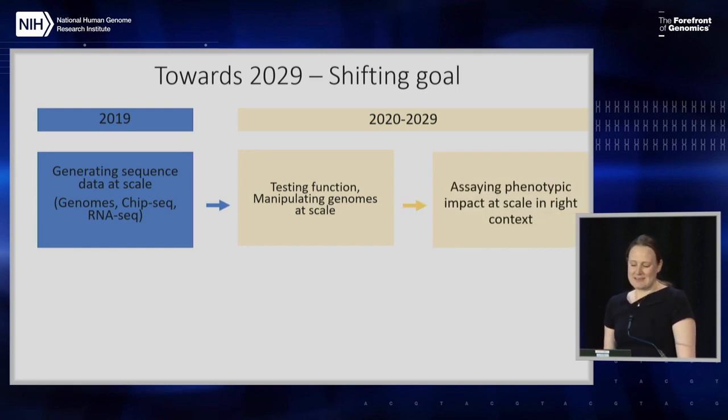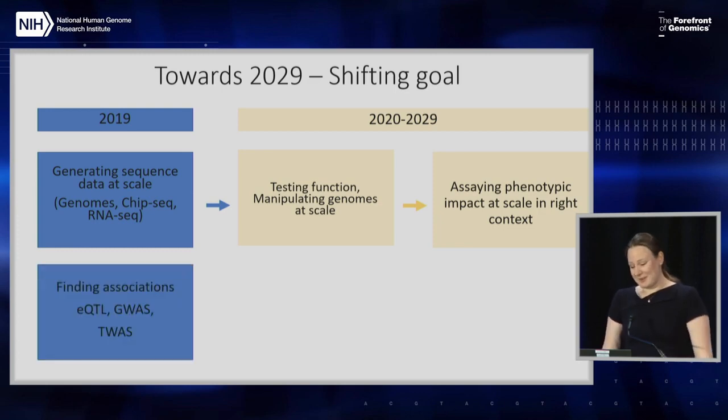And we need to be assaying the phenotypic impact at scale, which is going to be, I think, really challenging. And we need to think how we're going to harness technologies to work out how changes in sequence are impacting phenotype, and new ways of doing that with automating image analysis and also combining that with sequencing. And everything needs to be done at scale, compatible with what we're sequencing, and also in the right context.